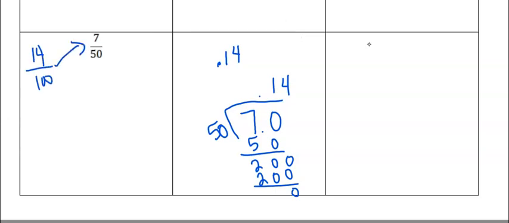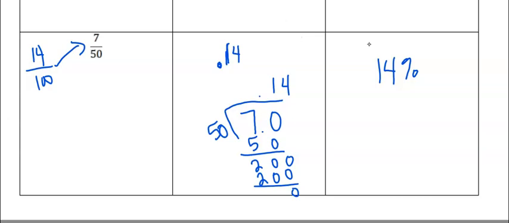We subtract to get 20, and we can drop another 0. 50 goes into 200 4 times, which gives me exactly 200 with no remainder. And so my answer here is 14 hundredths. And remember, if I came over here and did 14 out of 100, then it would reduce to that 7/50. It's very easy to go back and forth from a fraction to a decimal. And then to make it a percentage, we'll multiply by 100 and give 14%.